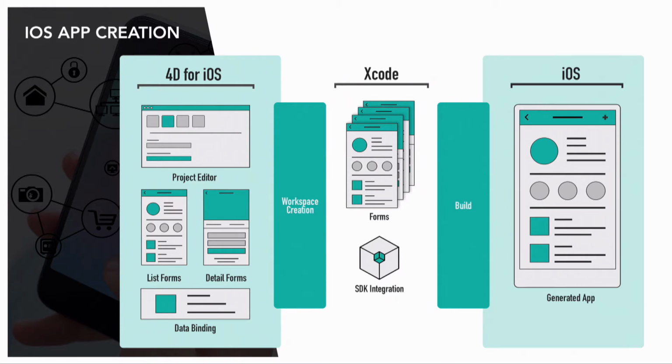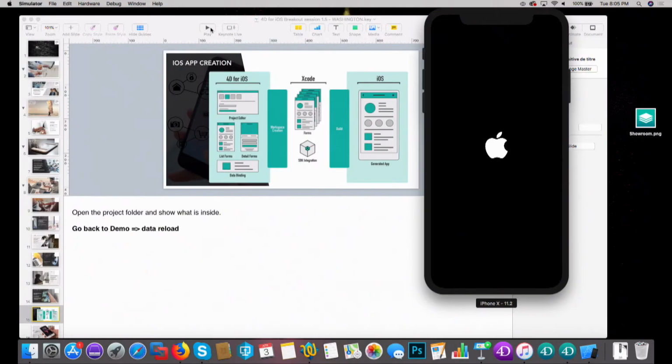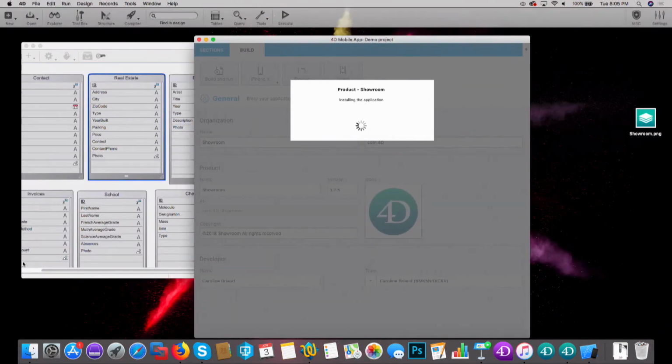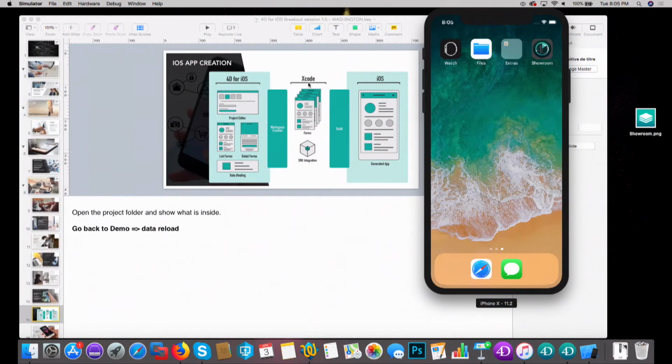When I click the button Build, we have our 4D for iOS component on the left. The 4D for iOS component contains the project editor, which is the interface to help you to build the application. It's a simulator, sorry.